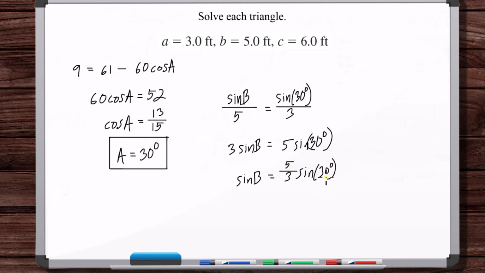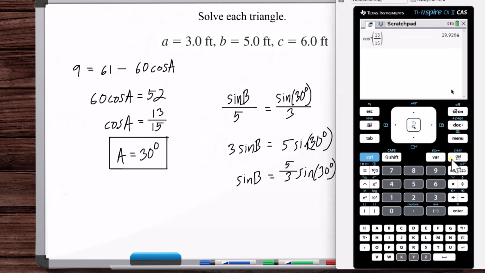Now we could use the 30, 60, 90 triangle, but it wasn't exactly 30, so sine of this times 5 divided by 3. Okay, now inverse sine of this is 56.3.